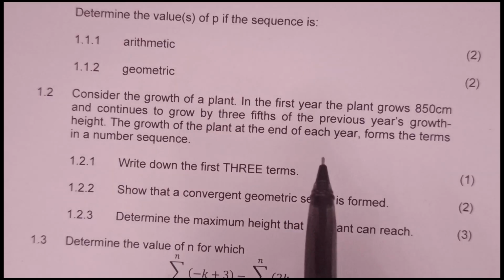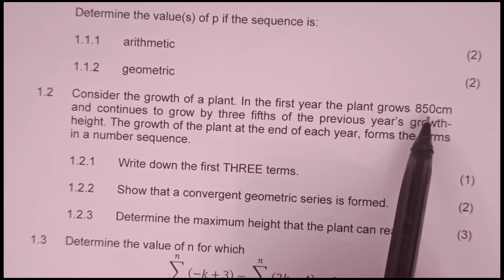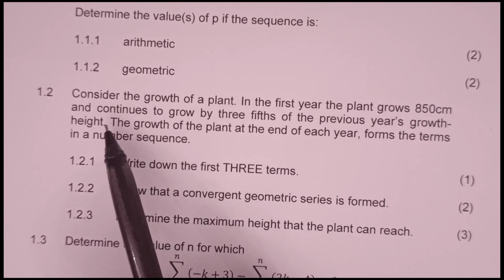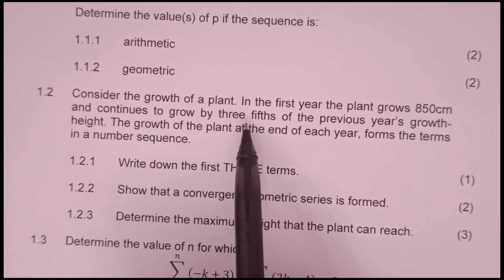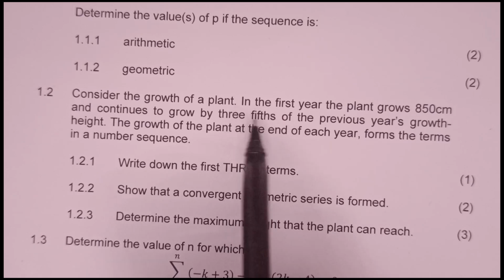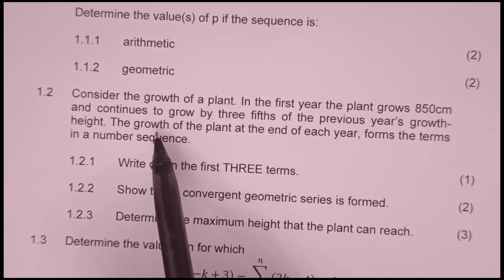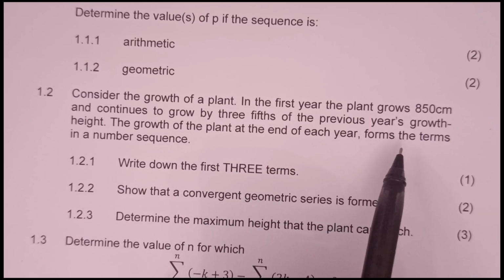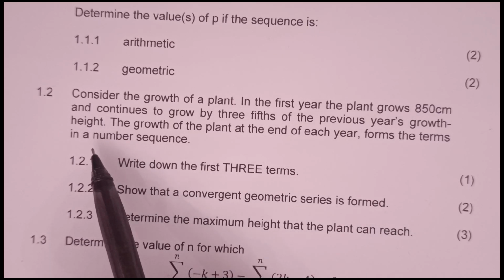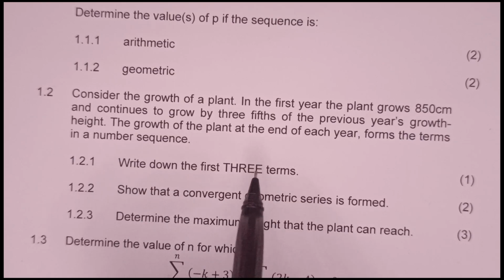In the first year, the plant grows 850 centimeters and continues to grow by 3/5 of the previous year's growth height. 3/5. The growth of the plant at the end of each year forms the terms in a number sequence. Write down the first 3 terms.